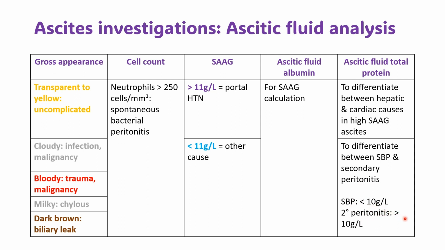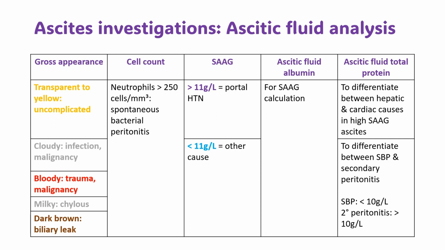And then in secondary peritonitis, it tends to be greater than 10 grams per litre. In SBP, when we have spontaneous bacterial peritonitis, we have a single bacterium translocating, so moving into the ascitic fluid. And like I've mentioned already, secondary peritonitis follows hollow viscus perforation.